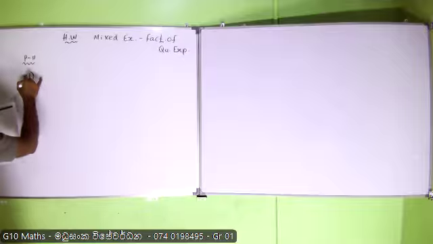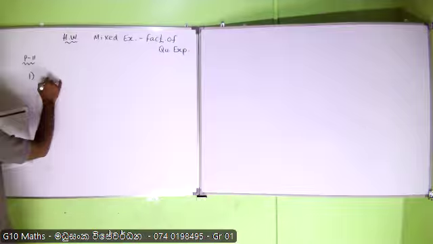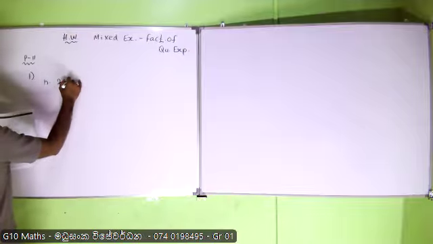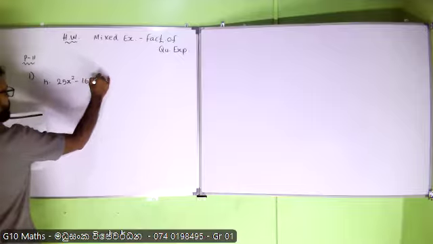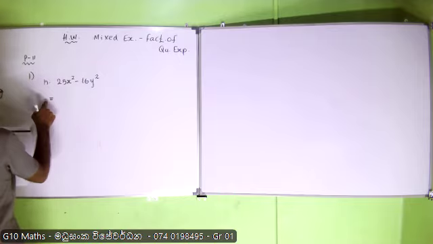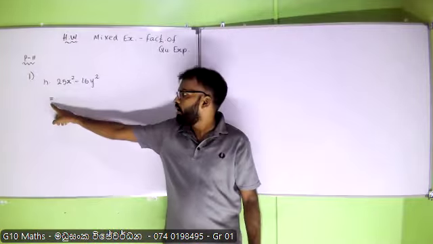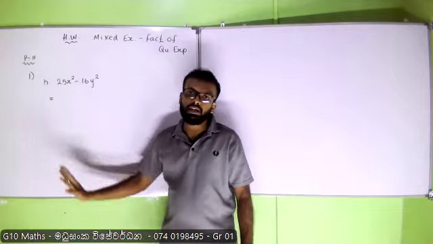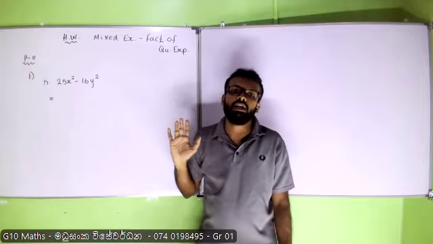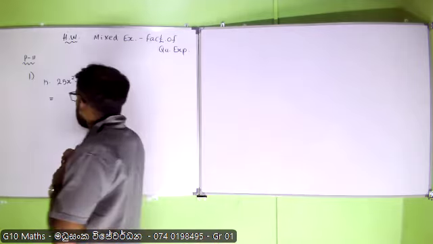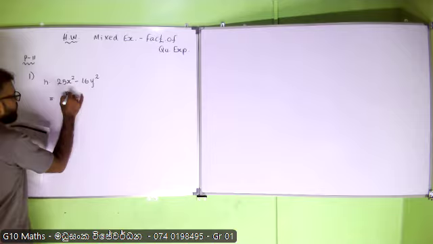You know how to do the factorization under the difference of two squares. This is nothing. I will do part H. 25x squared minus 16y squared. Equal mark is needed and it should be vertically aligned. Don't write like that. So this is 25, that is 5 to the power 2.